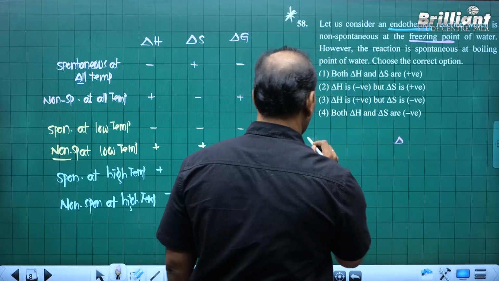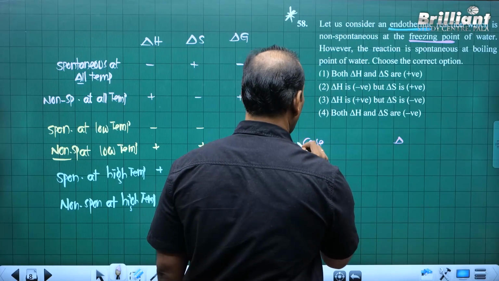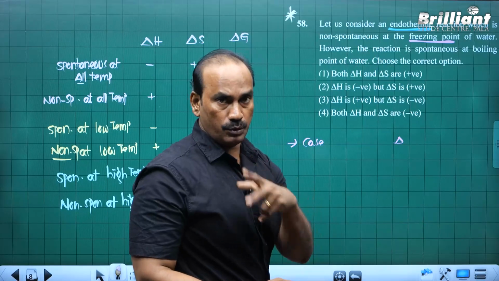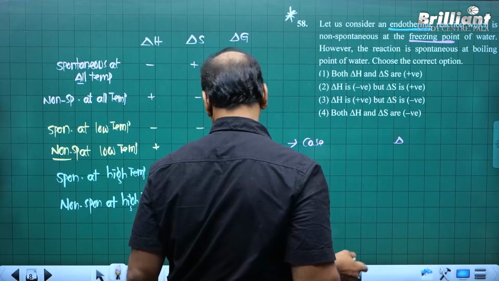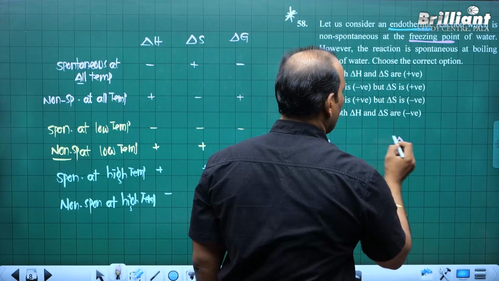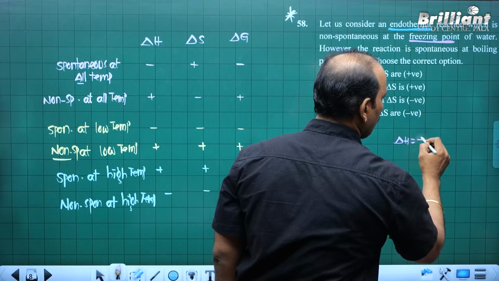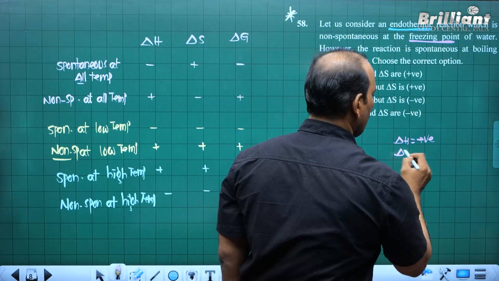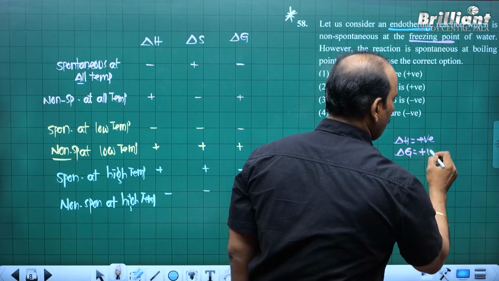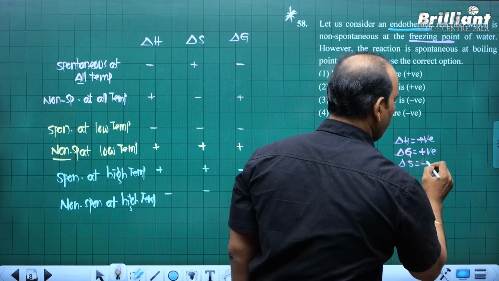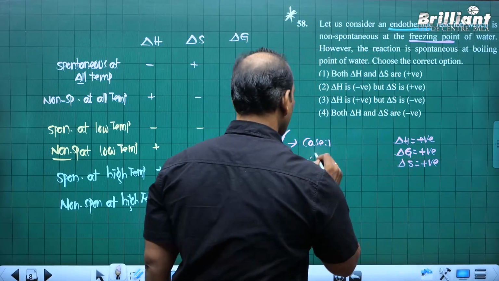We need not case 1, we need case 2. Second part is there, we want case 2. So here case 1, endothermic, delta H equal to positive. Here non-spontaneous, delta G equal to positive. At low temperature, delta S also positive. This is the first case.